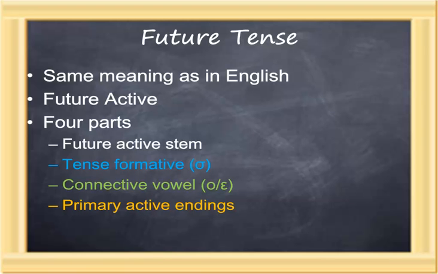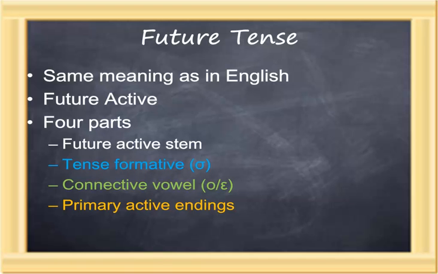The future active stem, which comes from the second principal part, a tense formative, sigma, the connecting vowel that we already know, omicron and epsilon, plus the primary active endings. These 4 pieces go together to make the future active form.